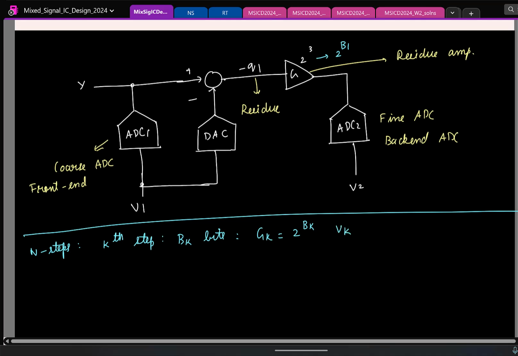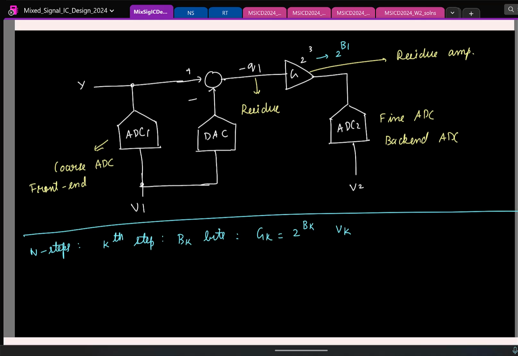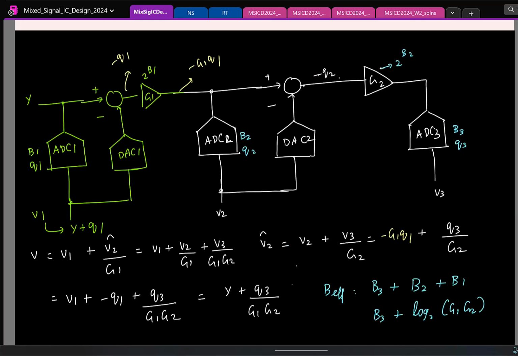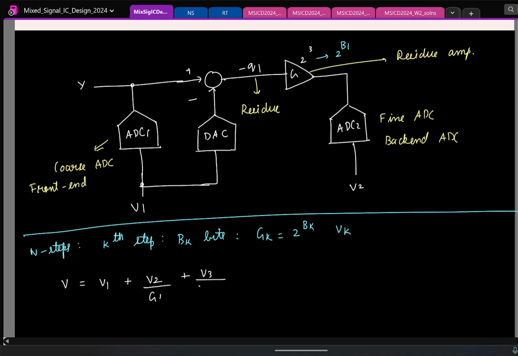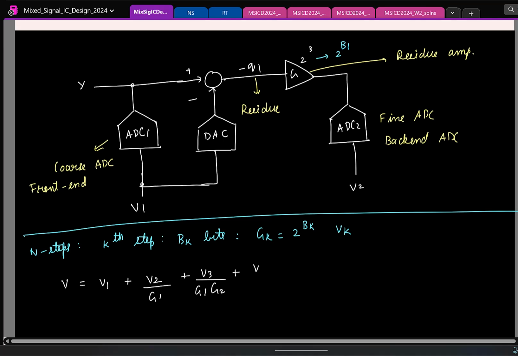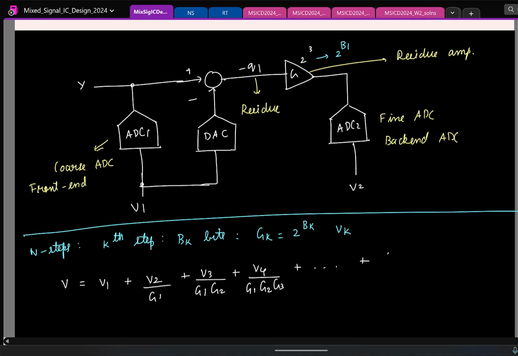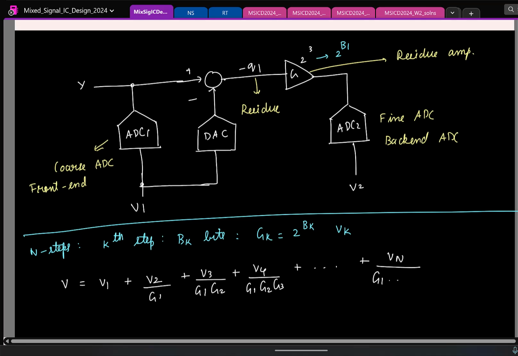So now recollect, for a 3-step case, I combine the outputs as V1, V2 by G1, V3 by G1 G2. If I have n steps, how will I combine the output? As V2 by G1, V3 by G1 G2, plus V4 by G1 G2 G3, and so on up to Vn.